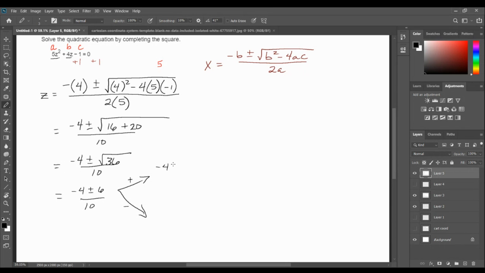So negative 4 plus 6 over 10. Negative 4 plus 6 is 2. Over 10 simplifies to 1/5. We use the minus option. Negative 4 minus 6 over 10 gives us negative 10 over 10, which is negative 1. The exact same solutions we got before. And I think that's even faster.